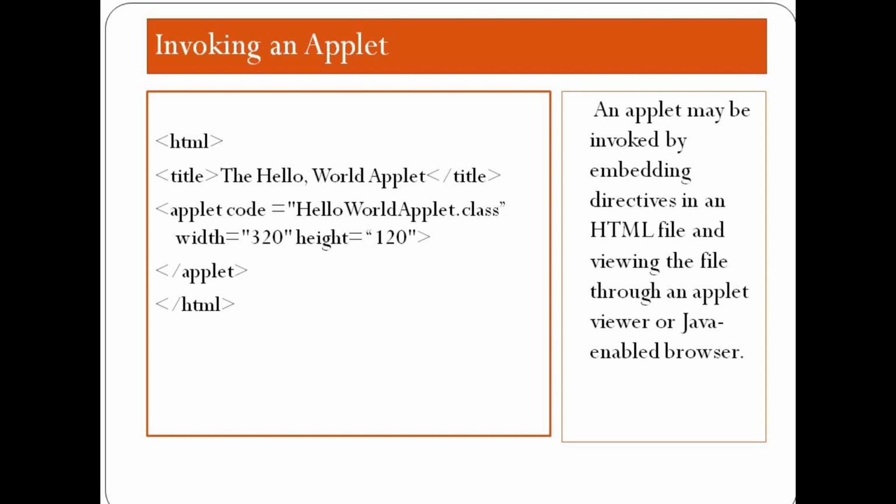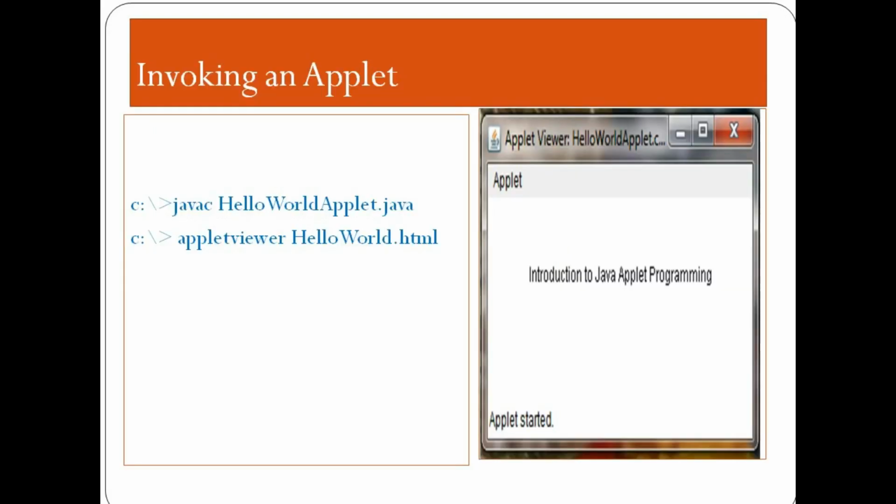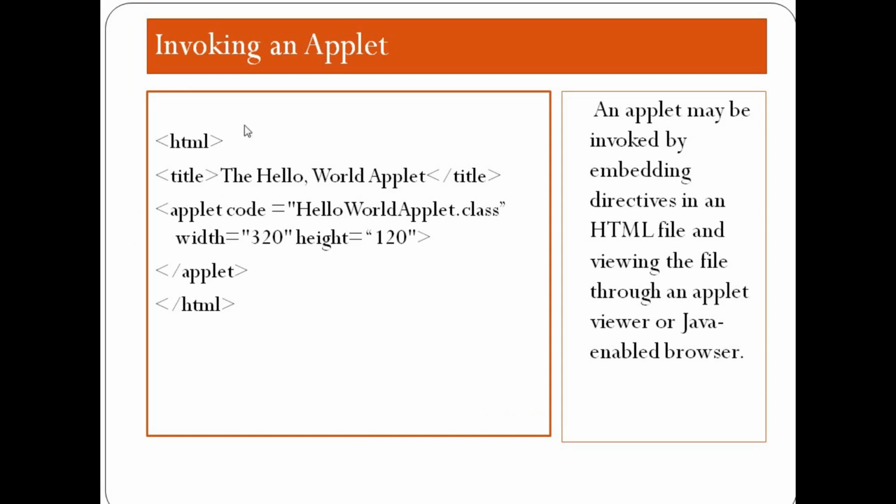Now what is the syntax or command to execute this? First we have to use javac, then the name of the file, HelloWorldApplet.java. Then it will create the .class file, and that .class file we will pass through this HTML file, through this applet tag. You can see here the applet tag.